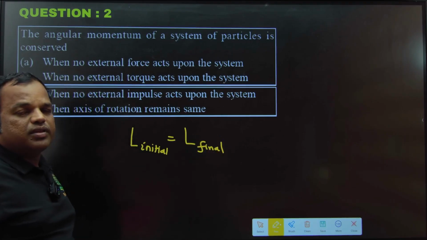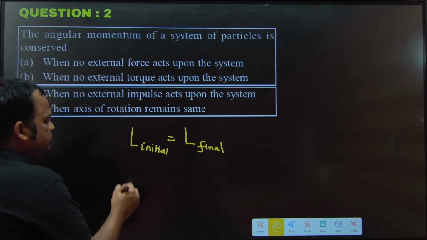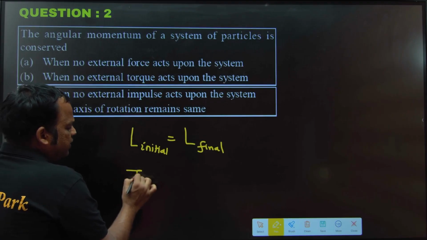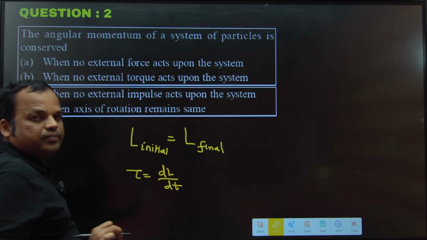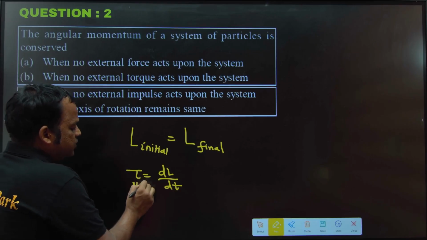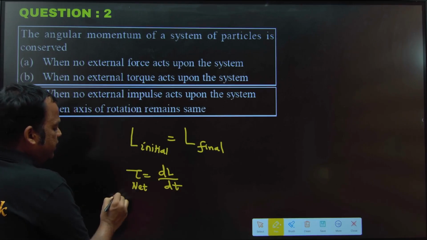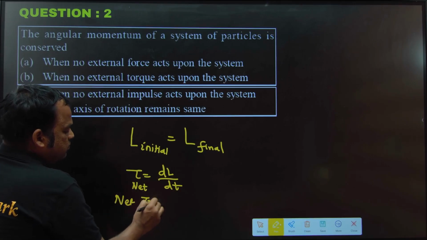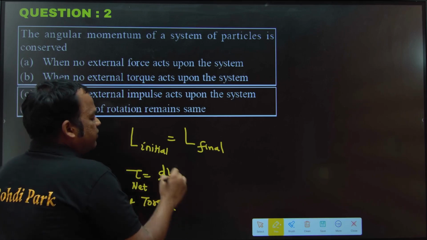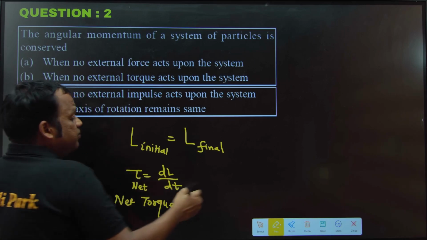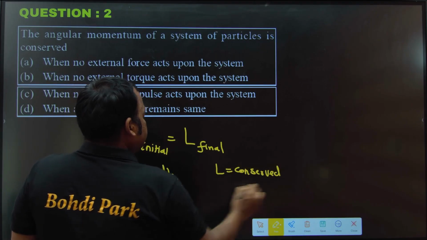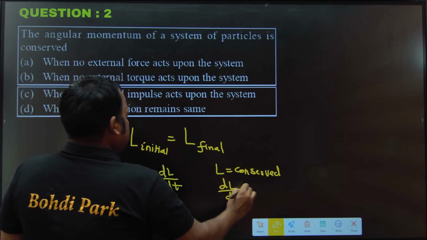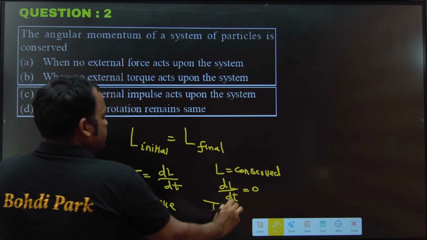So this is possible when net torque is 0, because we know that torque is equal to dL by dt. Net torque is equal to dL by dt, and if L is constant, so dL by dt will be 0. So net torque is 0.